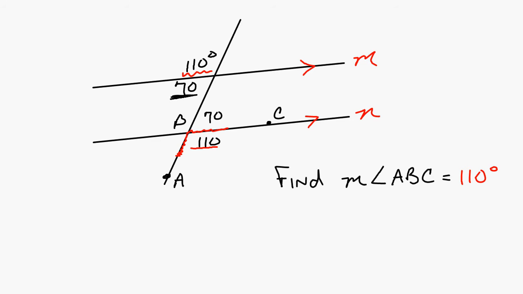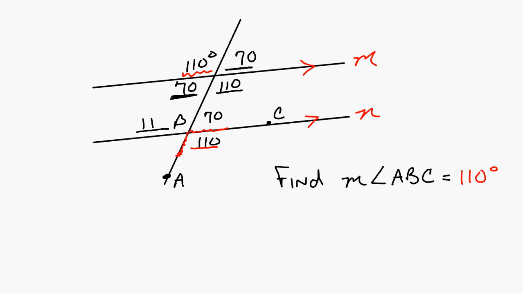Do you see this 70 that I just drew? What would this angle be? The angle that's vertical from it. 70, because vertical angles are congruent. What would this angle be? 110, because it is vertical of a 110 angle. All right? What would this angle right here be where the B is?